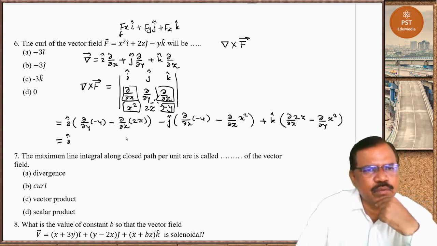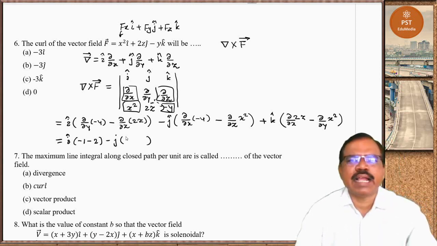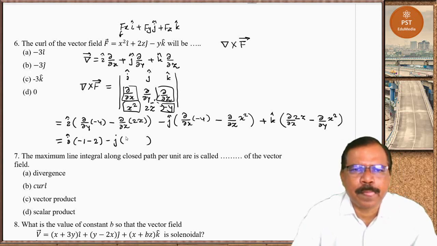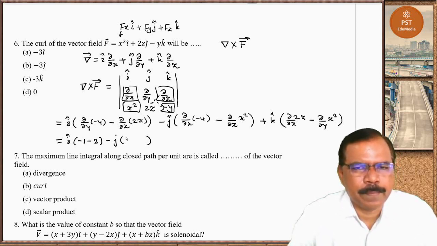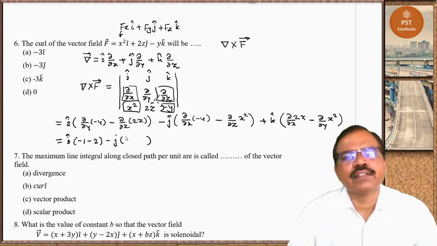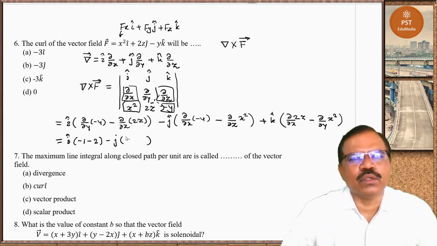So what will be the value here? We will get minus 1 minus 2, minus j. What is the value in the bracket? 0. 0 minus 0 plus k.